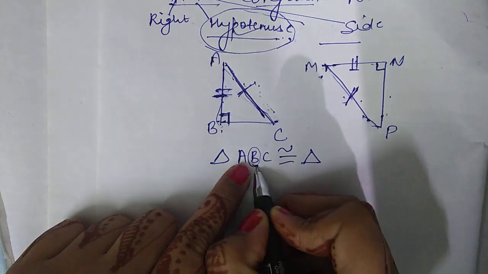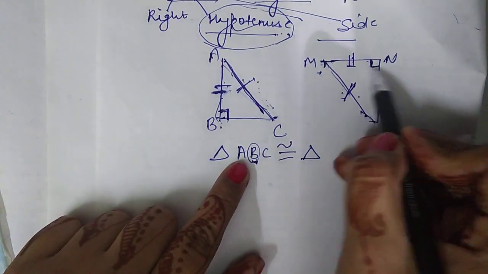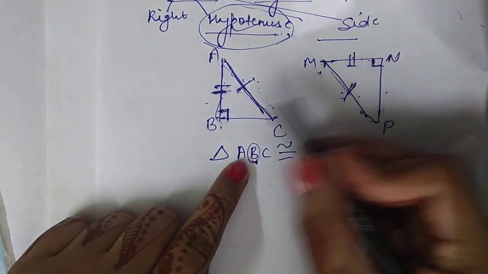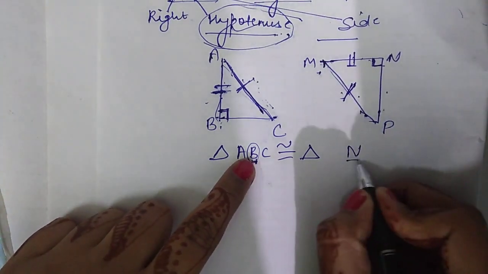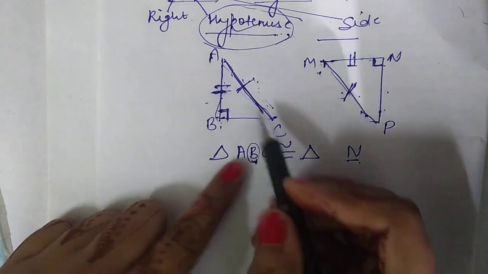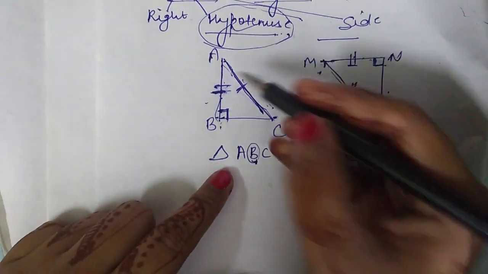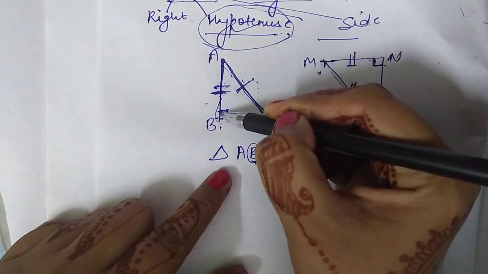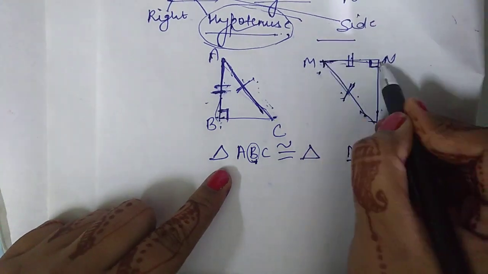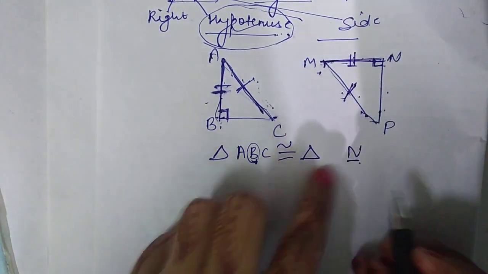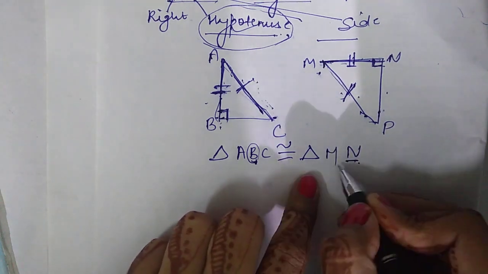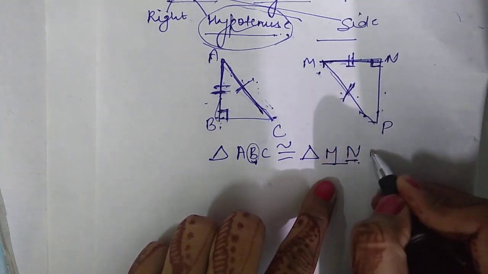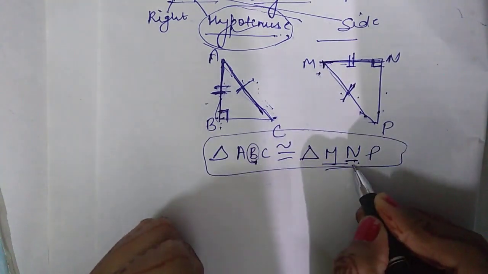B is present at the second position, so at second we must have N, because both the angles are equal. Now which side? I am taking AB. AB is equal to MN. N is already there, so there must be M at first position, and which one is left? P. So this is the symbolic form.